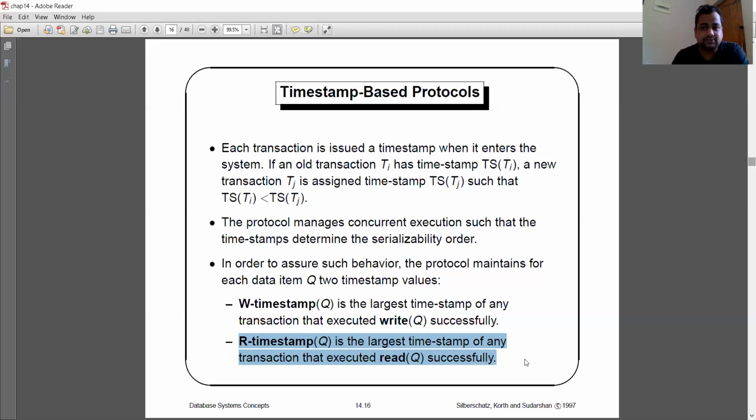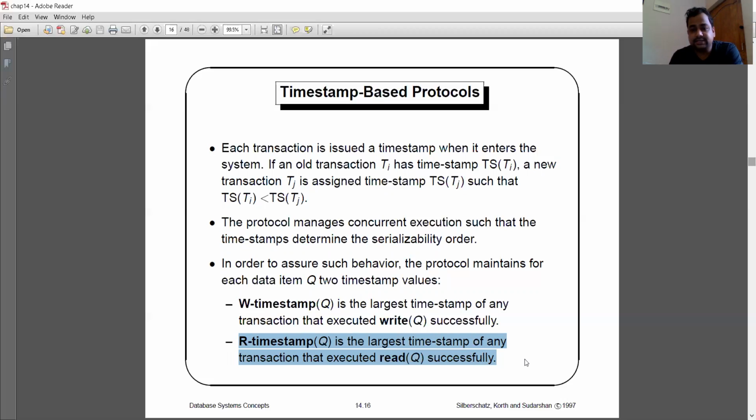What is the basic difference between read timestamp and write timestamp? The read timestamp is the largest timestamp of any transaction that executes the read of Q successfully. Remember that point: the read operation should be performed successfully.